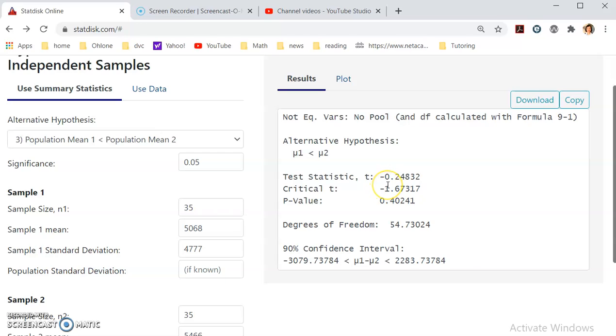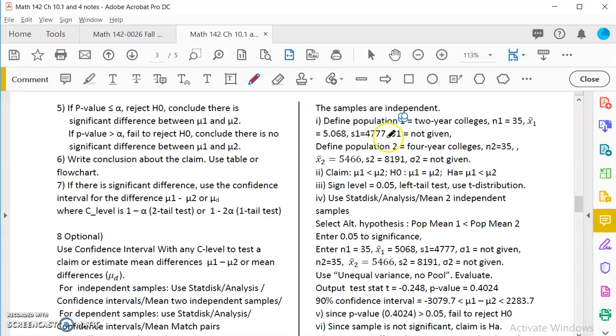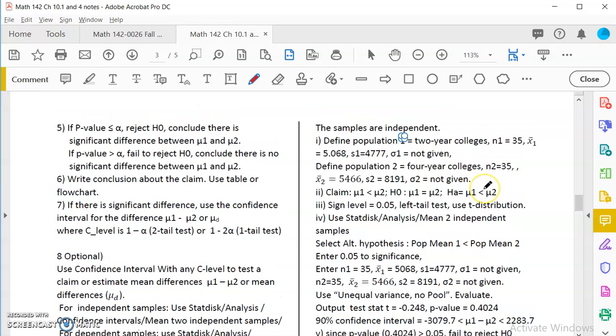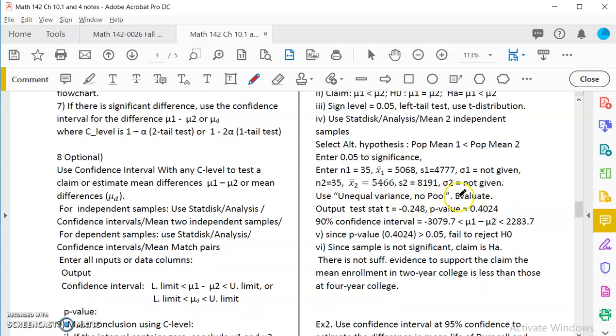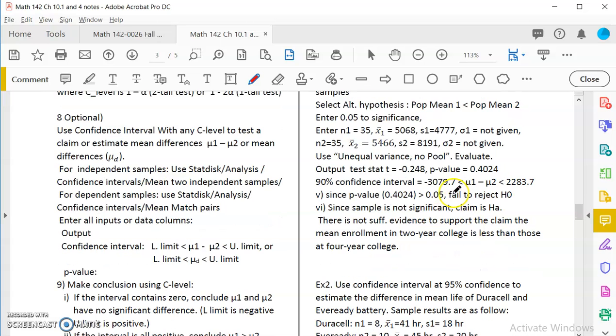It's important. So the test statistic is negative 0.25, p-value of 0.402.